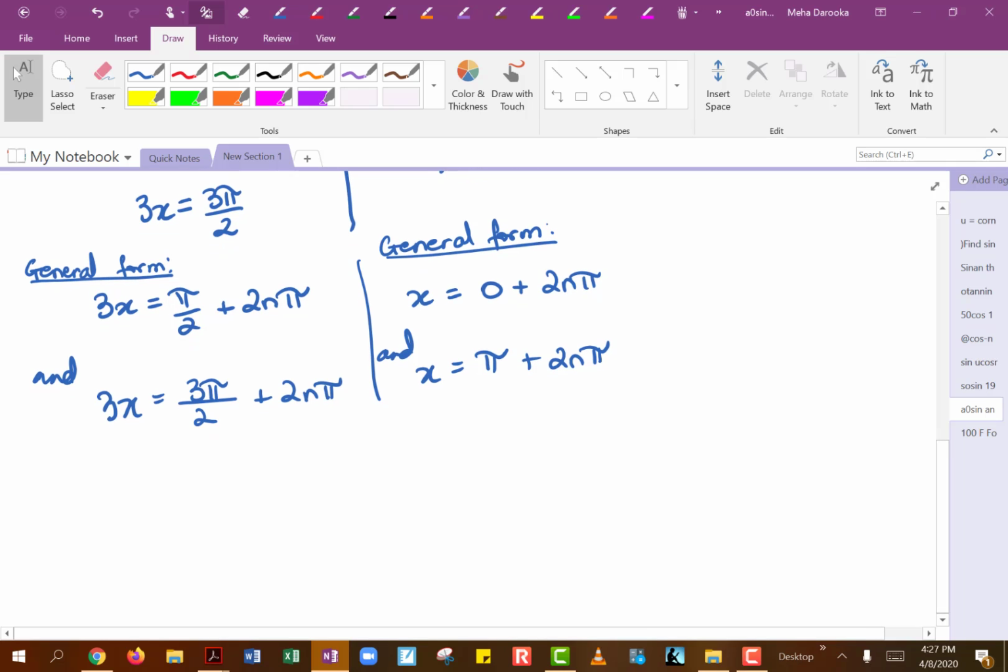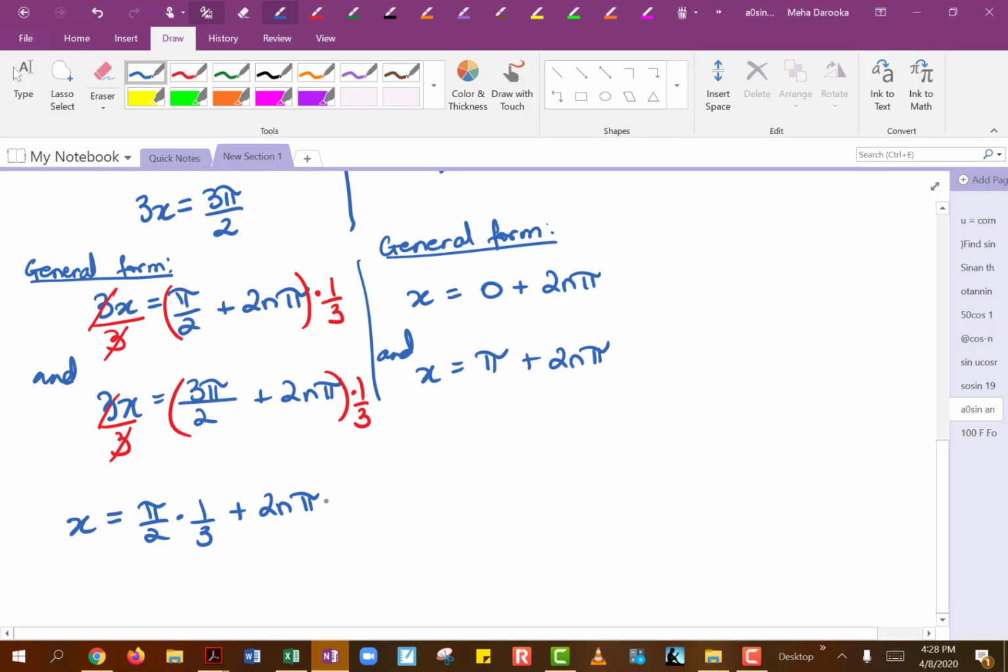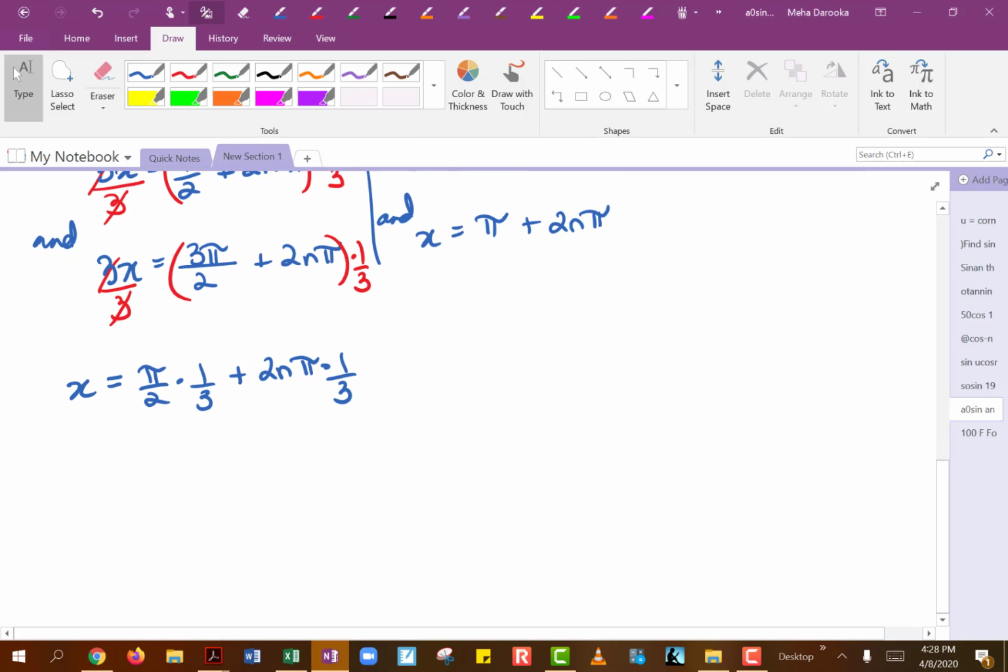Now what we have to do is get x by itself, which is going to happen on the left hand side here. So we are going to take each of these equations and divide it by 3. Dividing by 3 is the same thing as multiplying by 1/3, so the 3 and 3 will cancel out, getting us x by itself. For the first one, you will have x equals pi halves multiplied by 1/3 plus 2n pi multiplied by 1/3, which gives you pi over 6 plus 2n pi over 3.